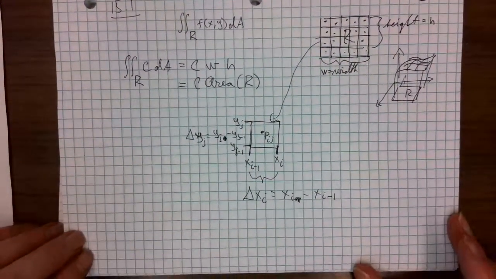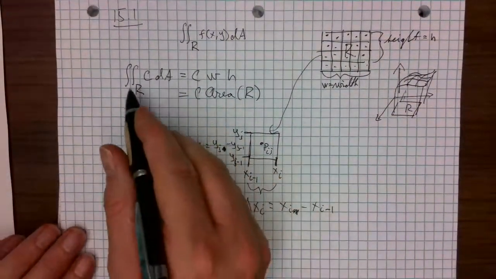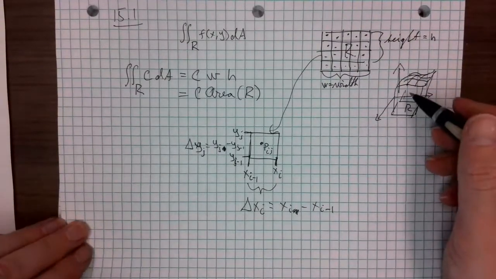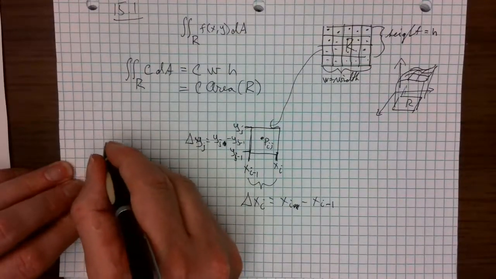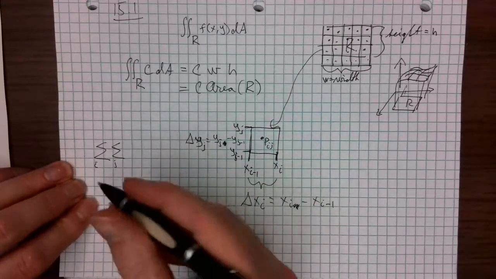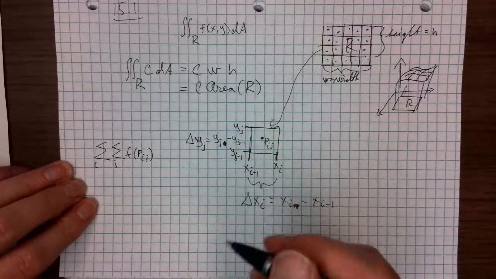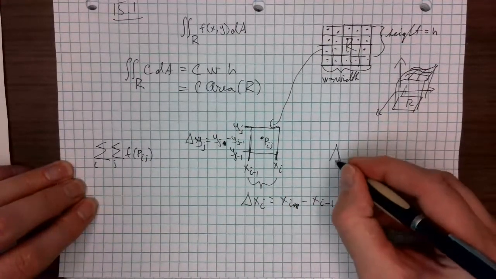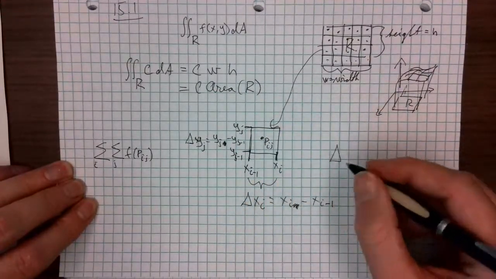Okay, so now how would we want to estimate this volume? Well, we're going to estimate the volume by taking the sum over all the i's and all the j's of f(Pij) times the so-called area element over here.